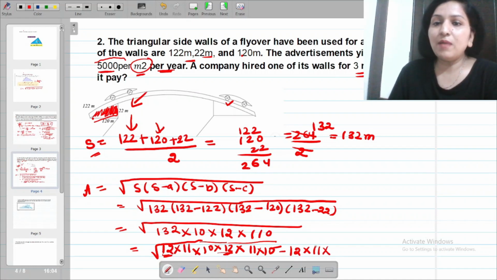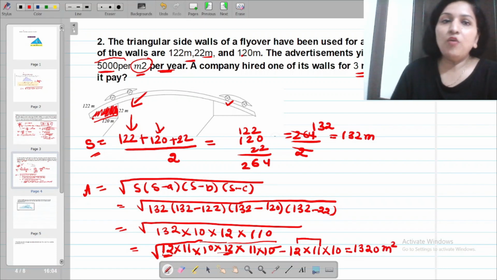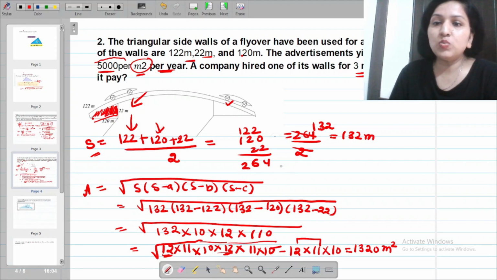And 10 is also coming 2 times, 10 out. The product of 12 and 11 is 132, multiplied by 10, it is 1320. So we have calculated the area of this portion. This triangular portion, its area is 1320 meter square.